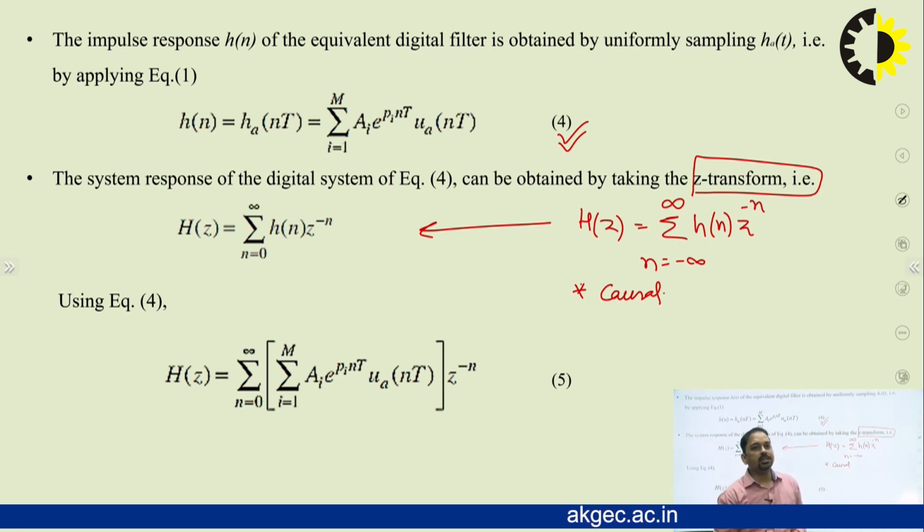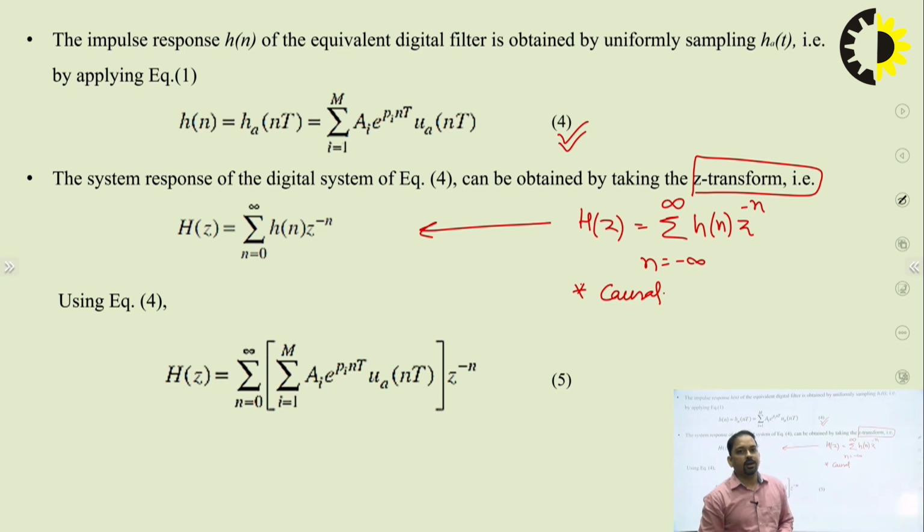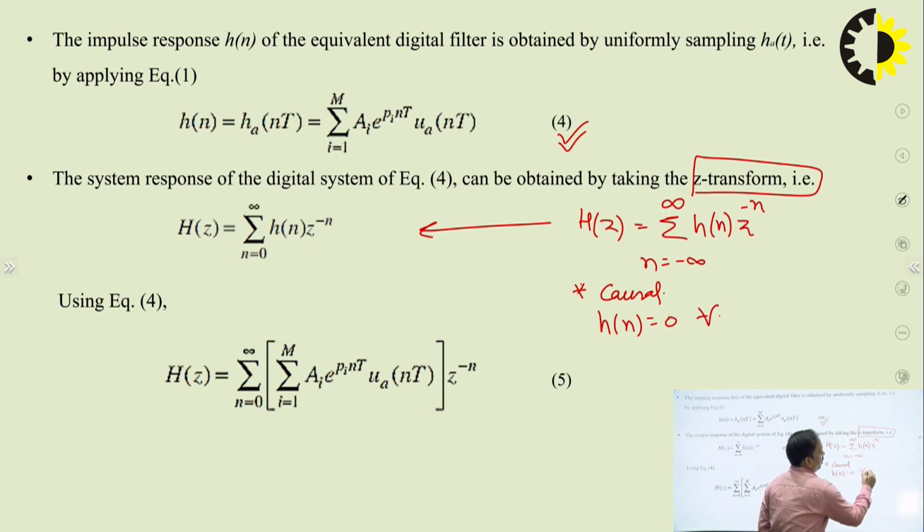So the summation has to be from n equal to 0 to infinity. We are already aware of how to check the causality of an impulse response: h(n) equals 0 for all n less than 0. This is the property for the causality of the impulse response.